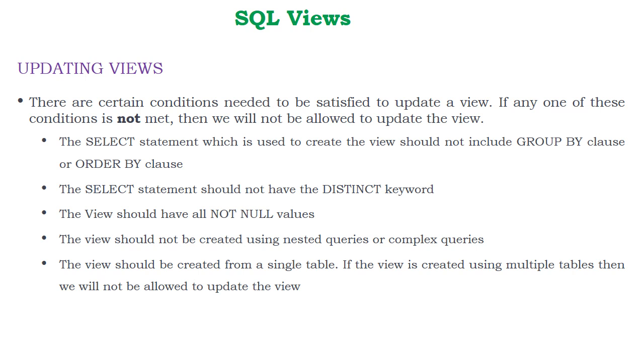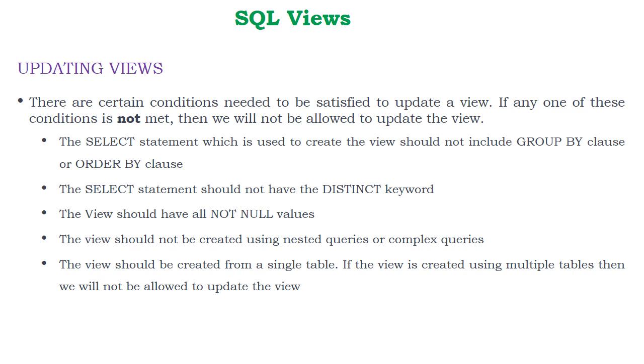Next one is updating views. There are certain conditions that need to be satisfied to update a view. If any one of the conditions is not met, then we will not be allowed to update the view. We will discuss them one by one. The select statement used to create the view should not include group by and order by clauses.